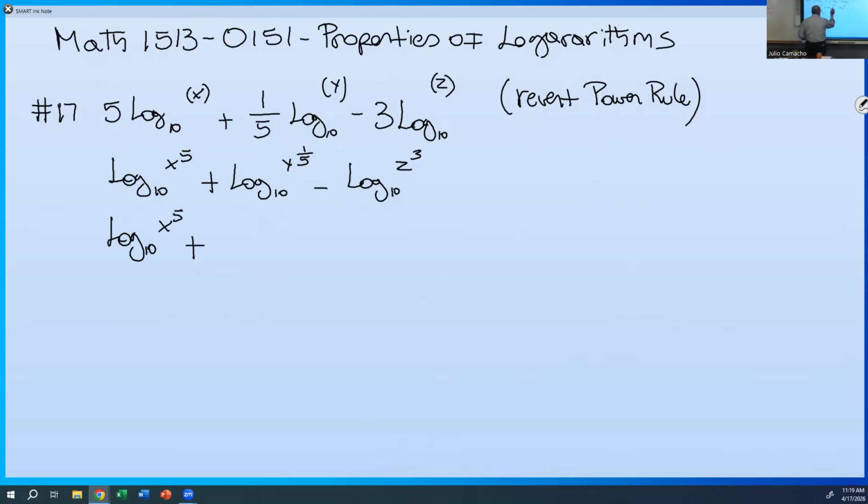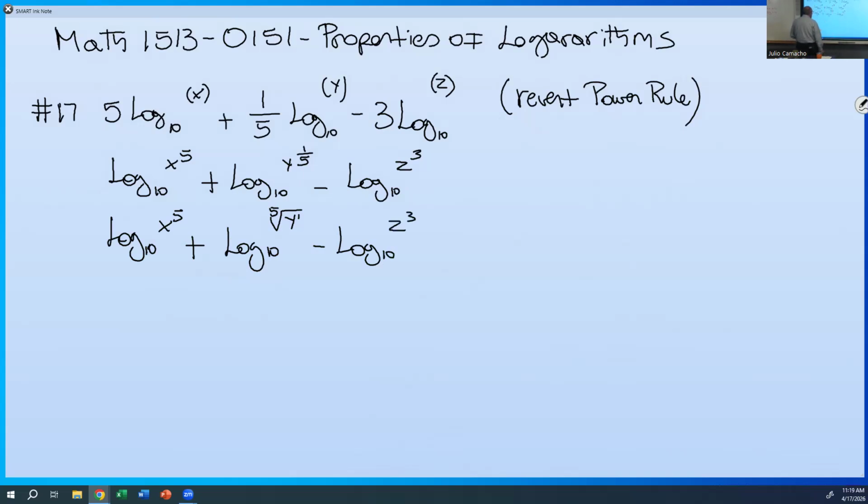We can convert the second log to a radical expression: log 10, and the exponent will be the 5th root of y to the 1 power, minus the log 10 of z to the 3rd power.